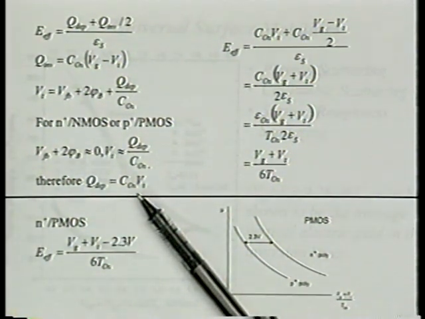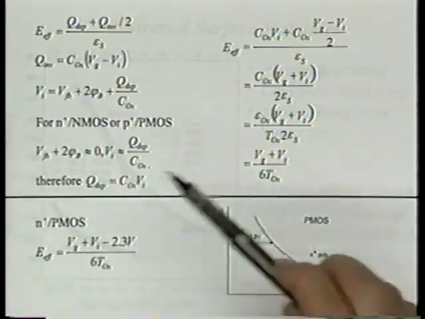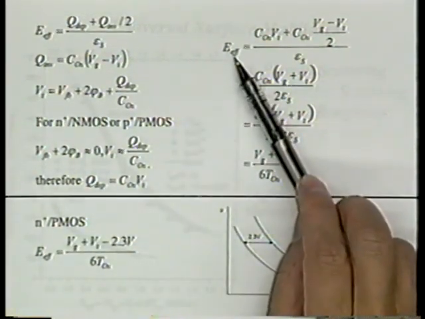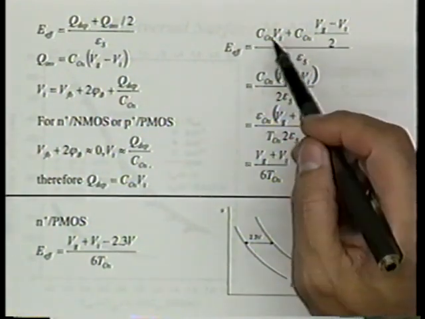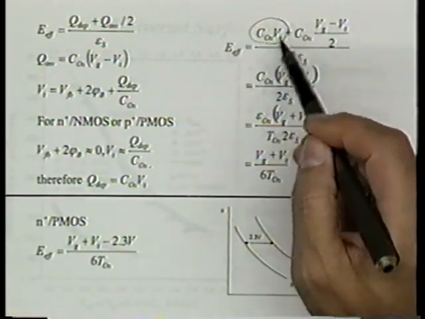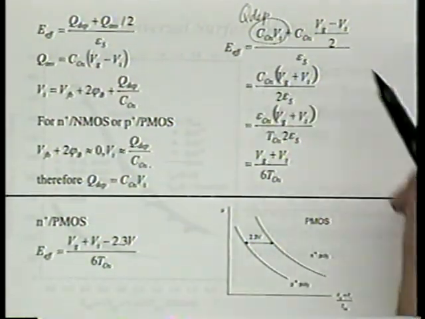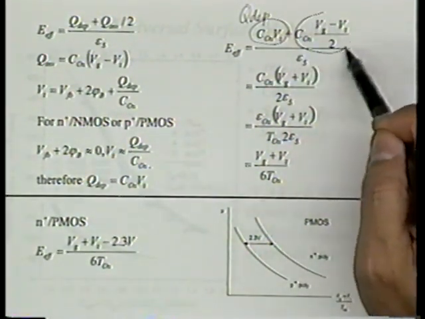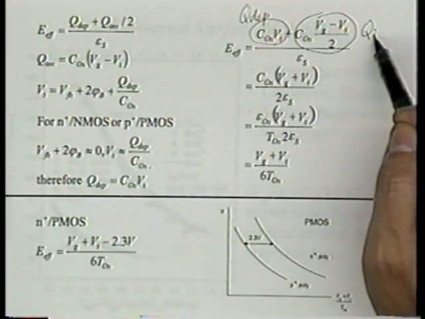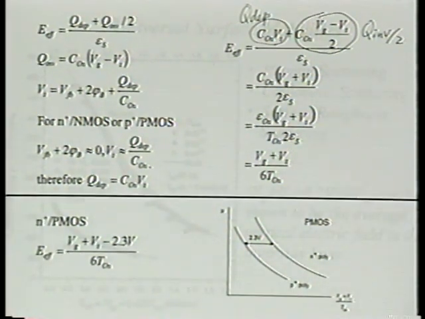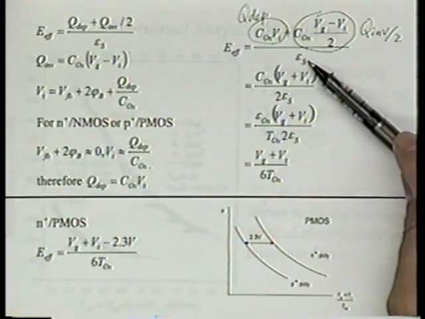And if you now add this together, Q effective is equal to Q depletion, which is Cox times VT. This term is the Q depletion term. And 1/2 of the Q inversion is this, divided by epsilon. Then what do you get?